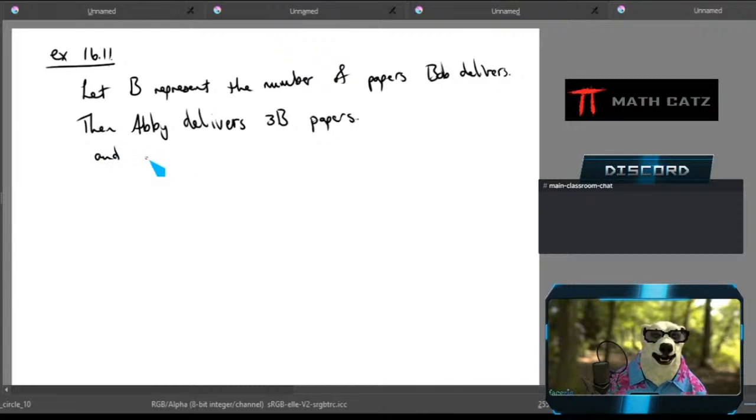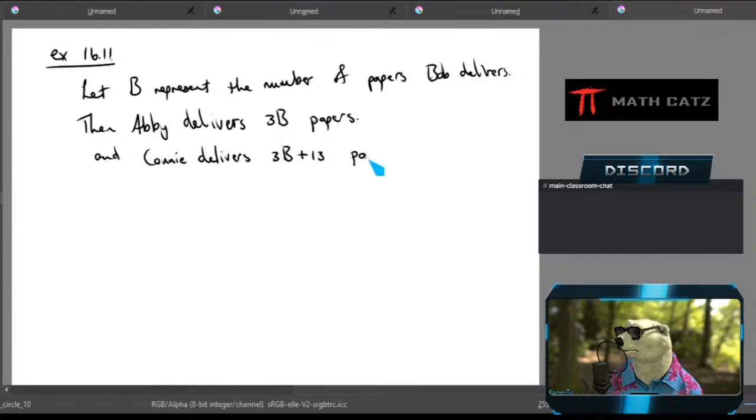And the other person is Connie. Connie delivers 13 more than Abby, so that's represented by 3B plus 13. So using the one variable, I'm able to represent the other quantities as well.